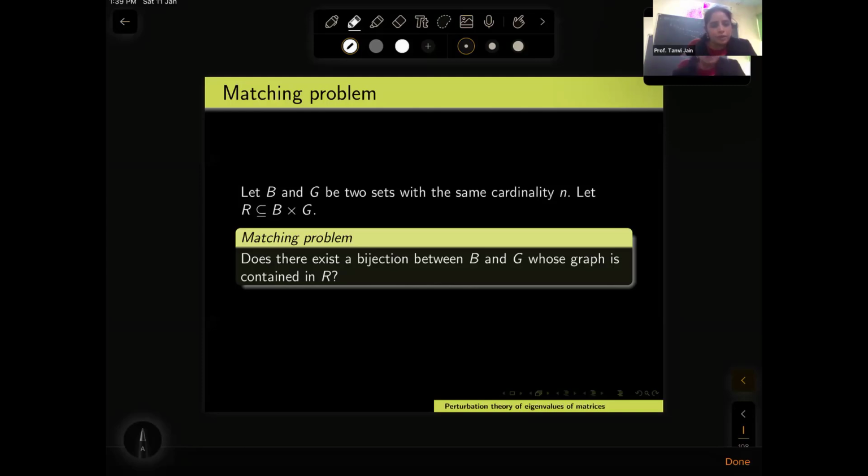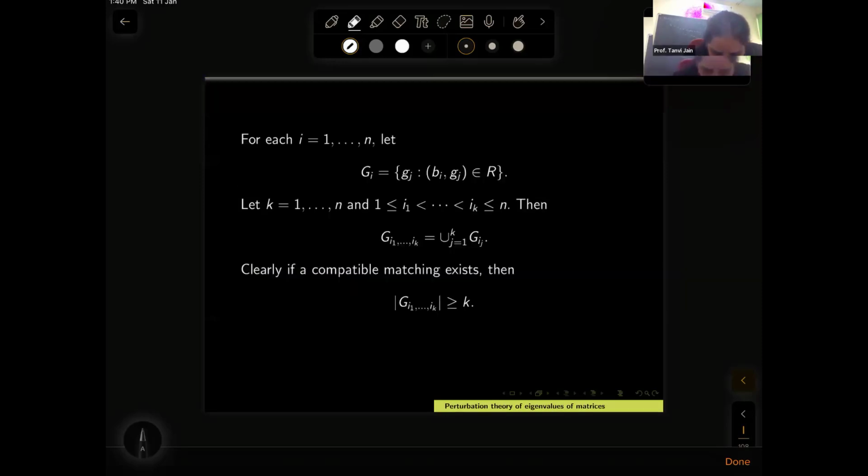So that means it is a bijection, a matching between B and G, and it's compatible with the relationship. So this bijection phi is called a compatible matching with respect to R. Now, for a given element Bi, I define Gi to be all elements Gj such that (Bi, Gj) belongs to R. And for Bi1 till Bik, I define Gi1 till Gik to be the union of all the Gij.